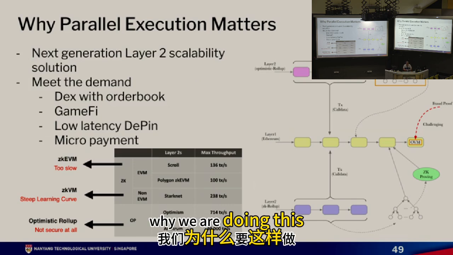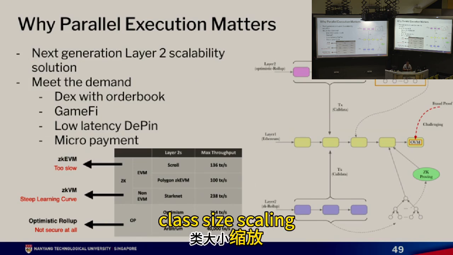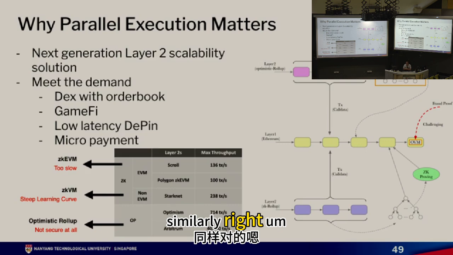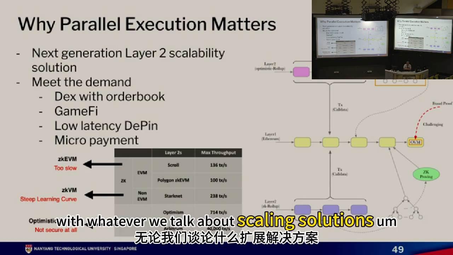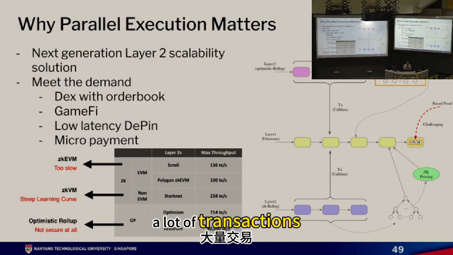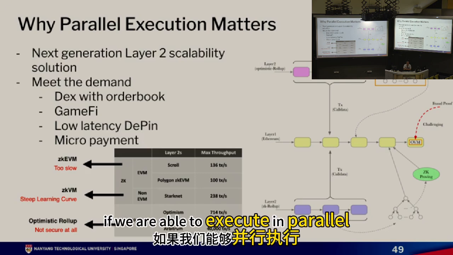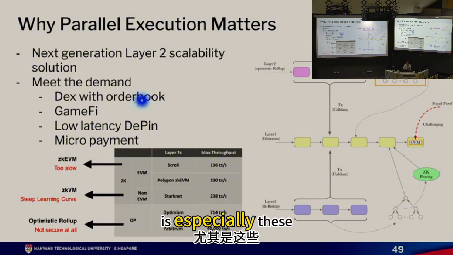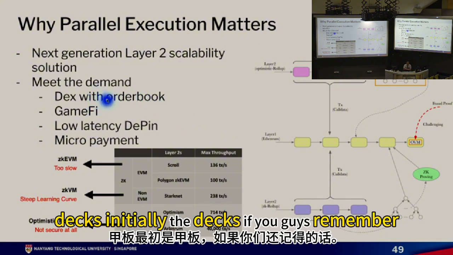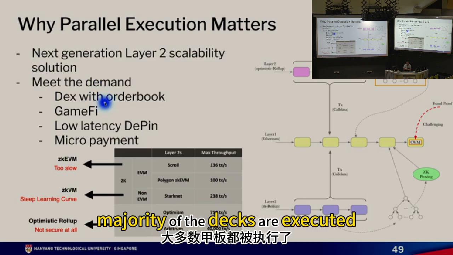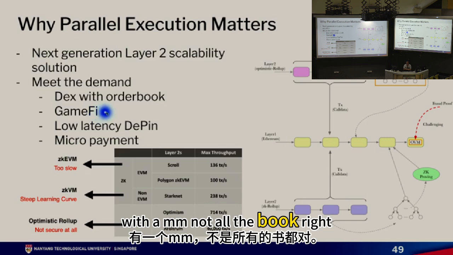Why are we doing this client-side scaling? Similarly to whatever we talk about with scaling solutions, a lot of transactions, if we are able to execute them in parallel, especially these DEXs. Initially, the majority of DEXs, if you remember, were executed with AMMs, not order books, right?